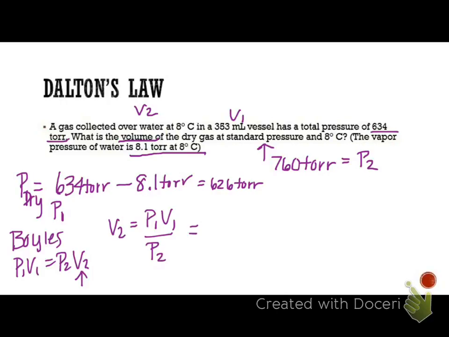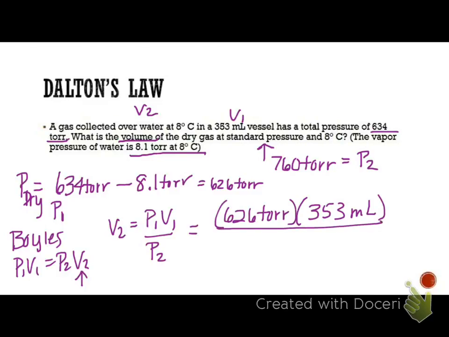So now let's put in our P1, which was our corrected pressure of 626 torr, and our original volume of 353 milliliters. We're going to divide by P2, which was when we raised it to standard pressure, 760 torr.